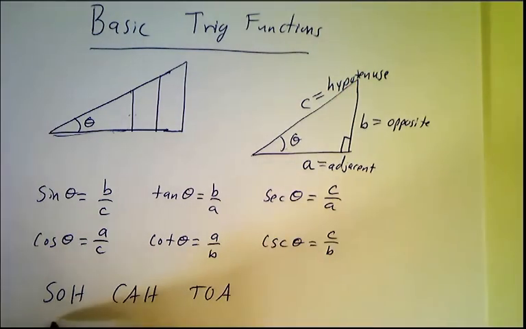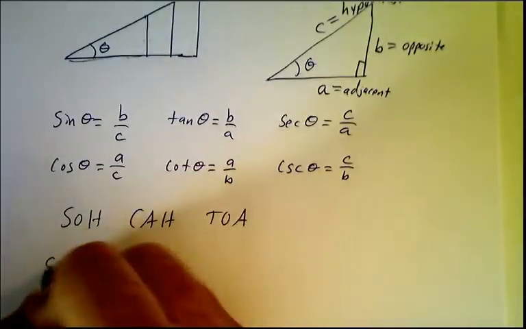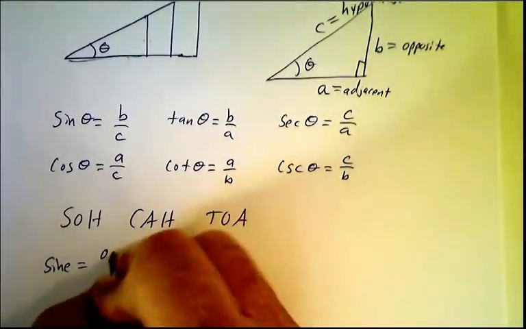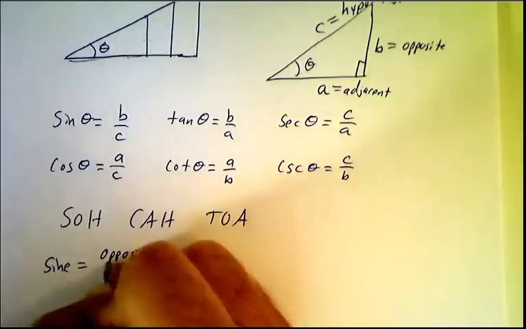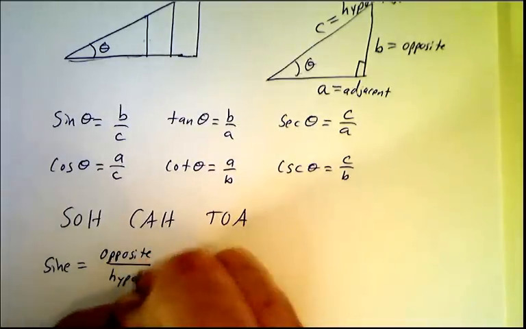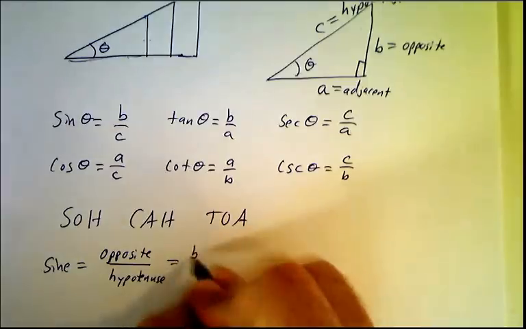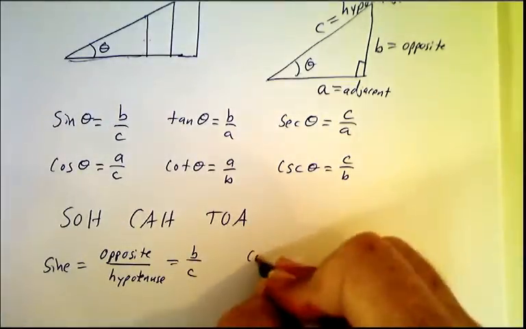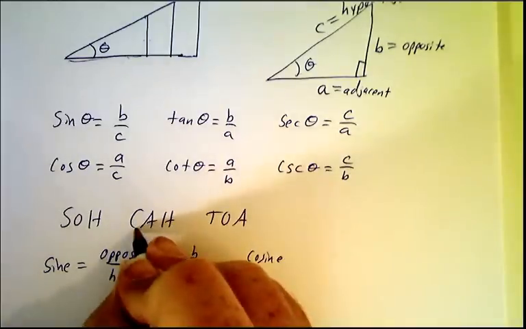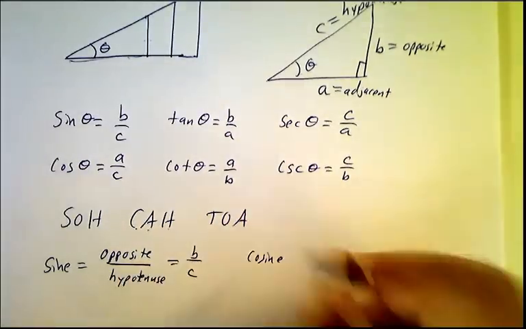So soh-cah-toa is: sine is the opposite over the hypotenuse. Well, that's B over C. Cosine, the C, is adjacent divided by hypotenuse.